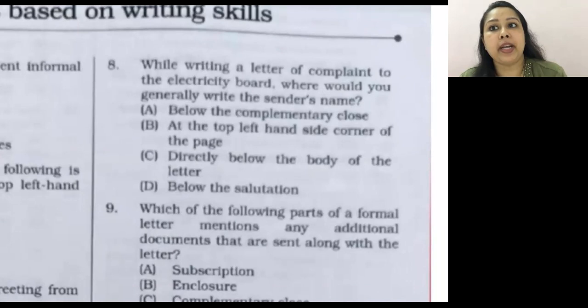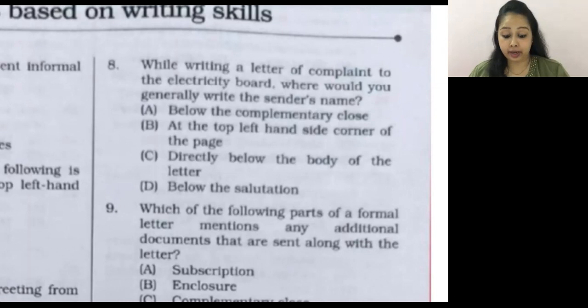While writing a letter of complaint to the electricity board, where would you generally write the sender's name? Electricity board, and you are writing the sender's name. Where would you write it? At the top left hand side corner of the page, below the salutation, directly below the body of the letter, or below the complimentary clause?